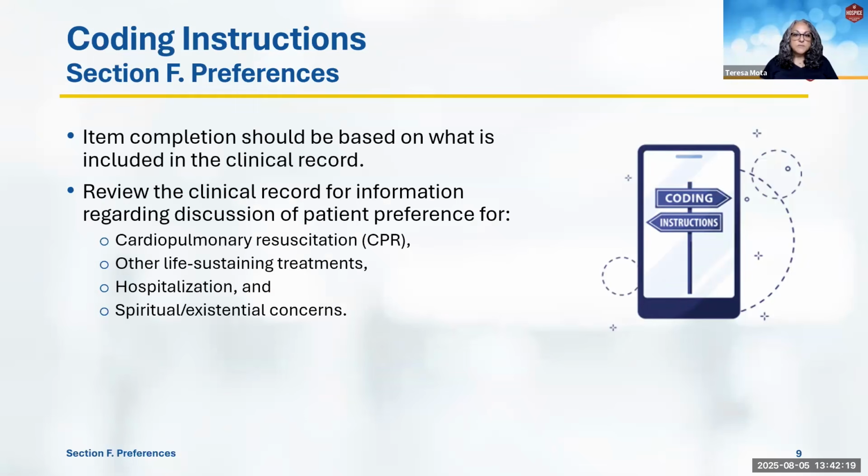Completion of these items should be based on what is included in the clinical record and can be extracted from the record. Review the clinical record for any information that documents a discussion of patient preferences for CPR, other life-sustaining treatments, hospitalization, and spiritual and/or existential concerns.